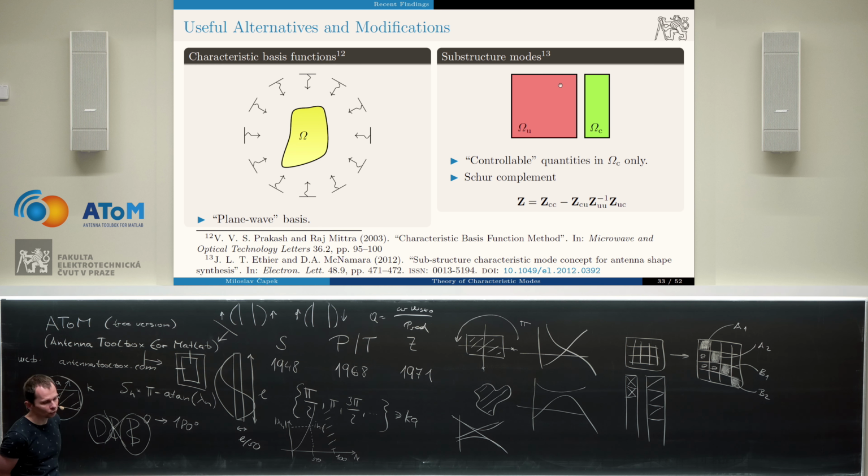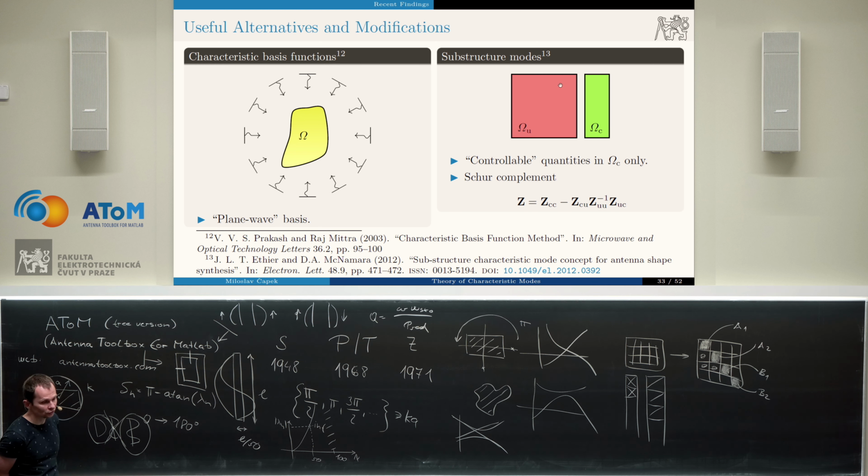Another possibility of how to reduce the size of the problem is to utilize substructure modes. And this can be used in cases when you know from the beginning that a large portion of your structure, here highlighted by the red color, is, let's call it, a passive structure, meaning that in the future you will not excite it with feeders placed there.